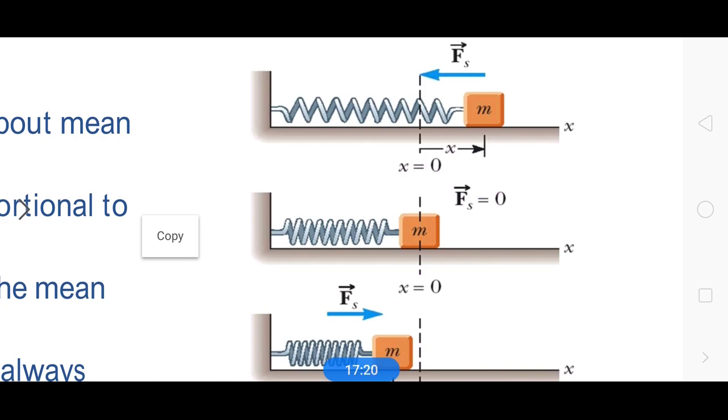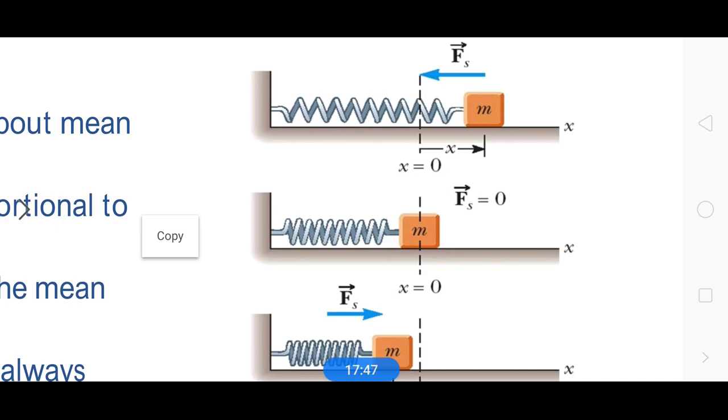So the restoring force acts towards the mean position. And if you observe the third diagram, there is a compression in the spring. The blue arrow C is directed towards the mean position, so restoring force is developed, always towards the mean position. Why is it always moving towards the mean position?